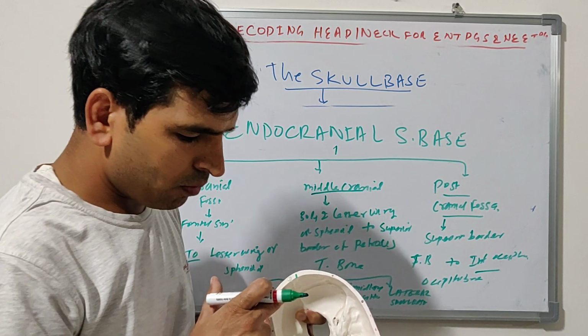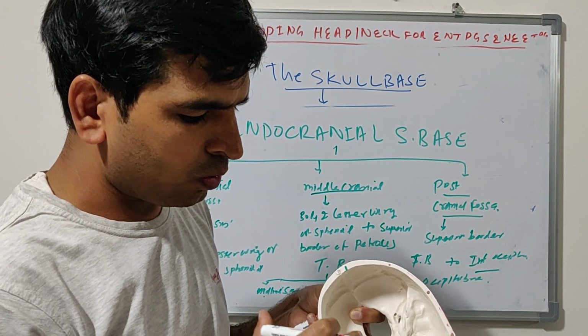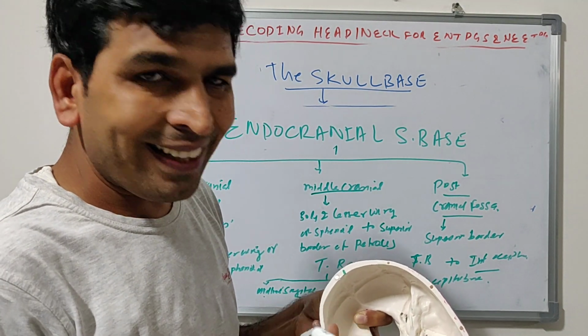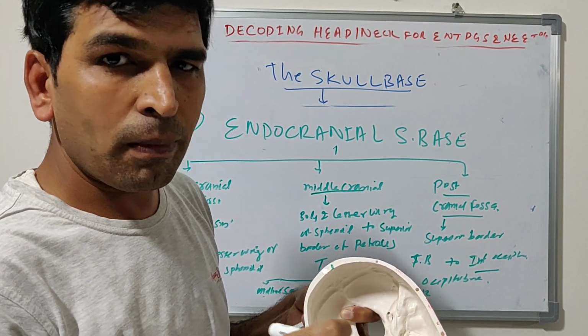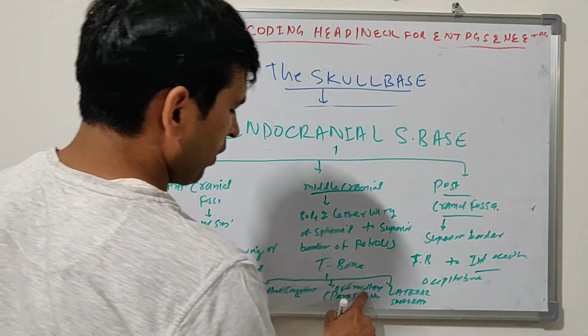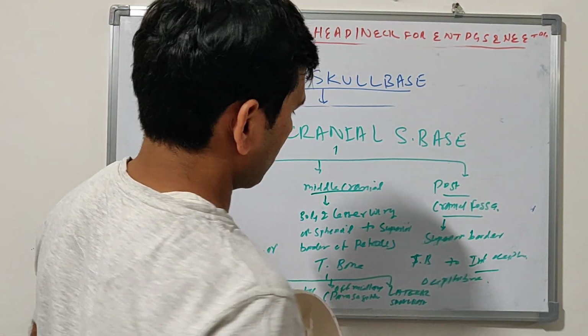Lateral to the vertical line at the lateral margin of the foramen ovale is the lateral skull base of the middle cranial fossa.